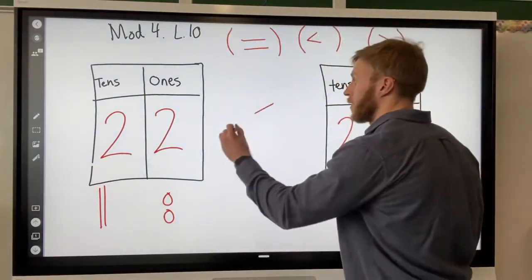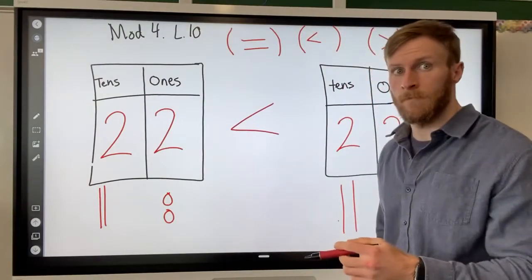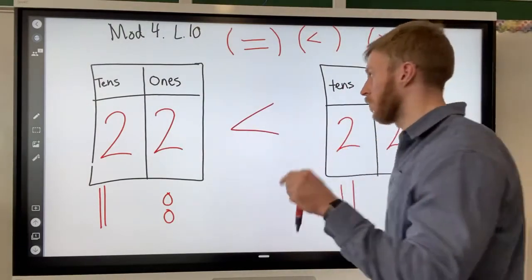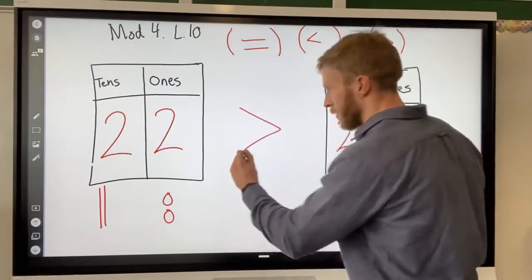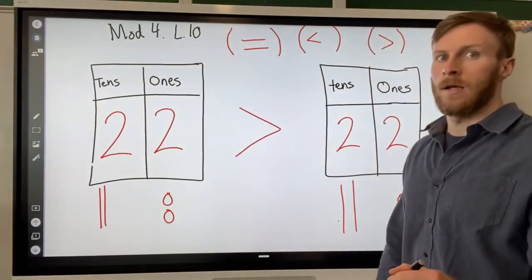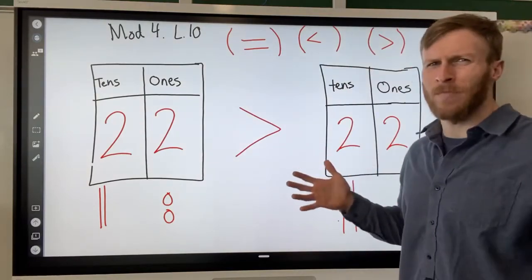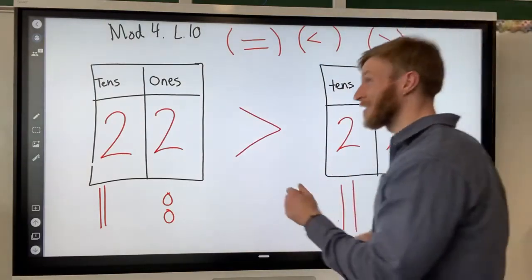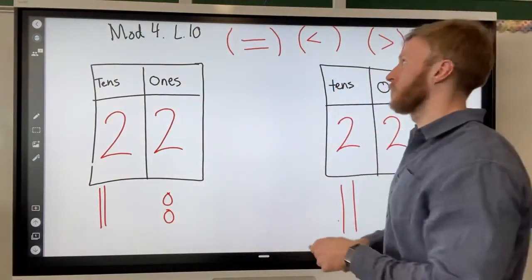So do I put this sign on here? Do I put the less than sign? Nope. Not the less than sign. Okay, so then it must be the greater than sign. No, 22 is not greater than 22. They're the same number. If something is the same number, it must mean it has the same value.